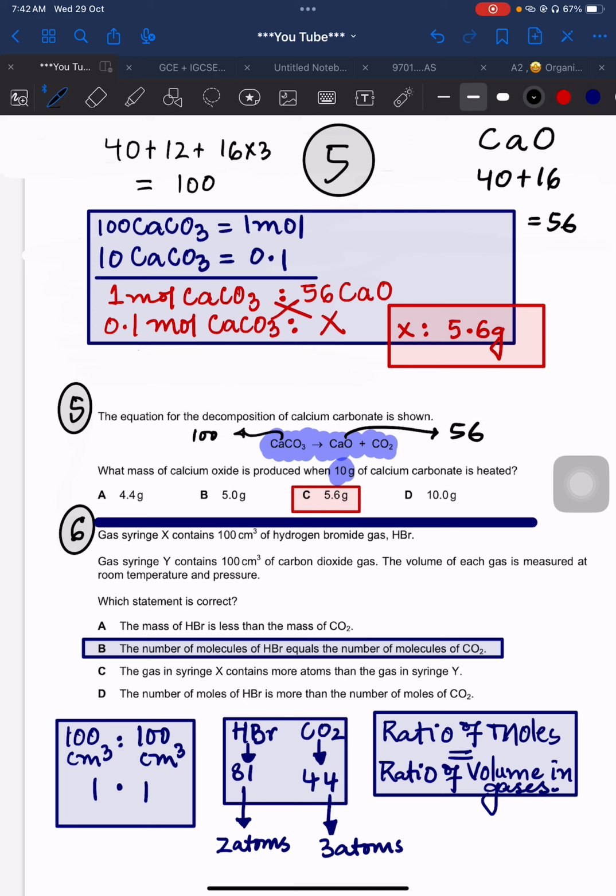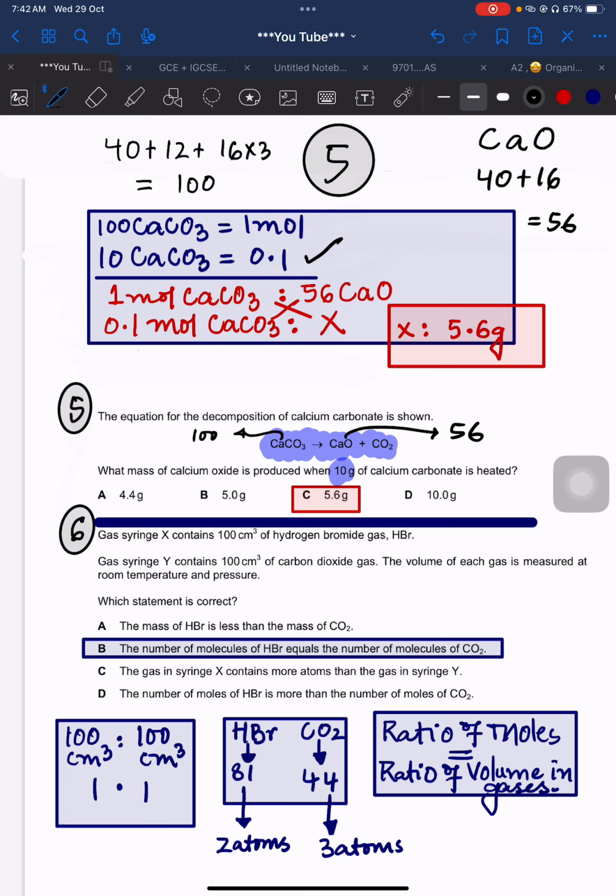So 1 mole is giving you 56 of calcium oxide, whereas the examiner is asking for 10 grams, and I have calculated that 100 grams of calcium carbonate is equal to 1 mole. So 10 grams of calcium carbonate will be equal to 0.1 mole. According to the balanced chemical equation, 1 mole of calcium carbonate is giving you 56 of calcium oxide, whereas 0.1 mole of calcium carbonate is going to give us 5.6 grams of calcium oxide. So this is the answer, option C, for question number 5.